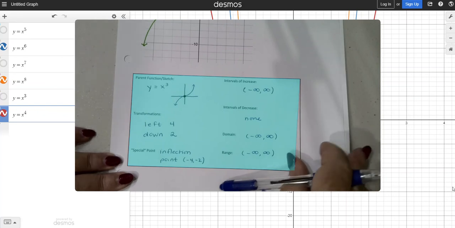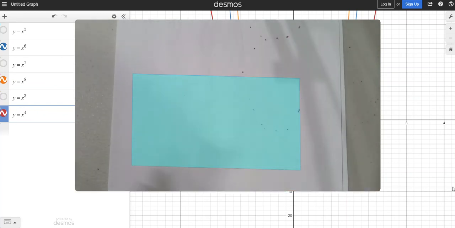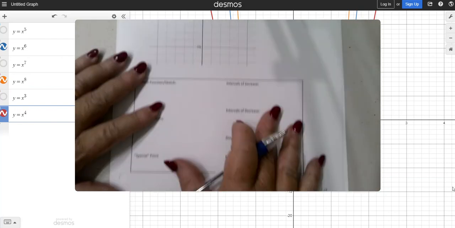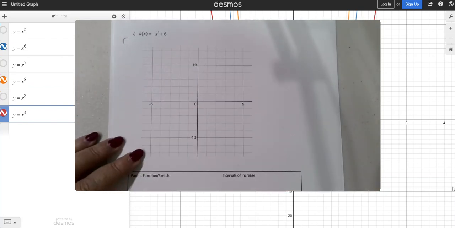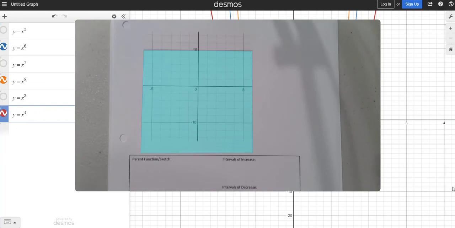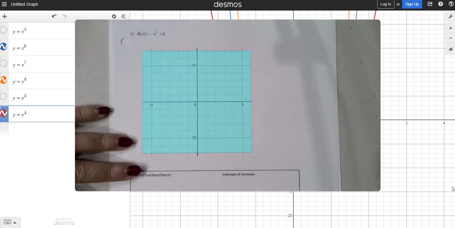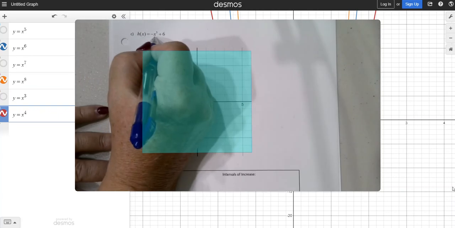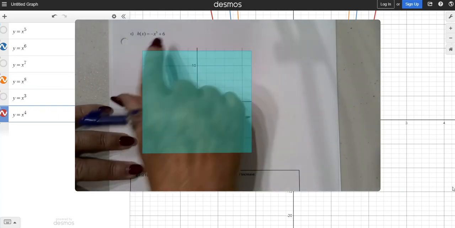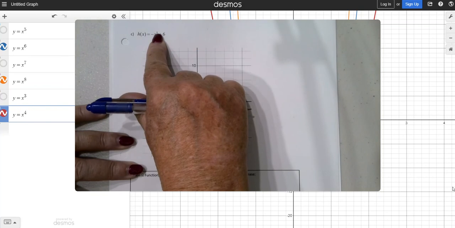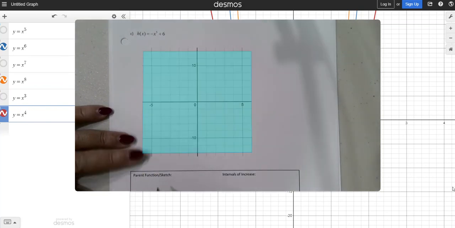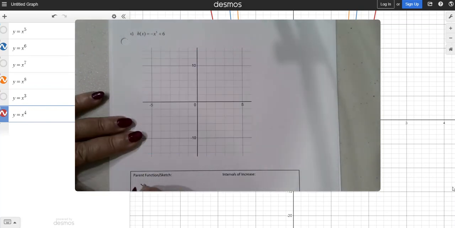All right, I've got one more for us to try. We have minus x to the 5th plus 6. So first of all, I'm going to notice the 5th power, meaning my parent function is y equals x to the 5th.